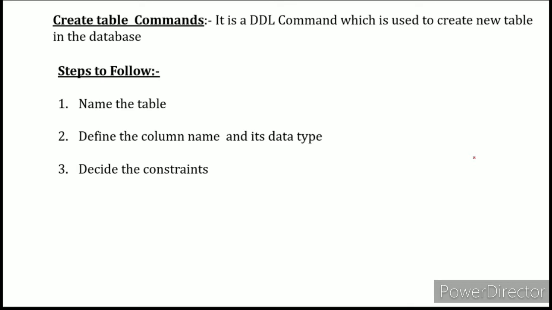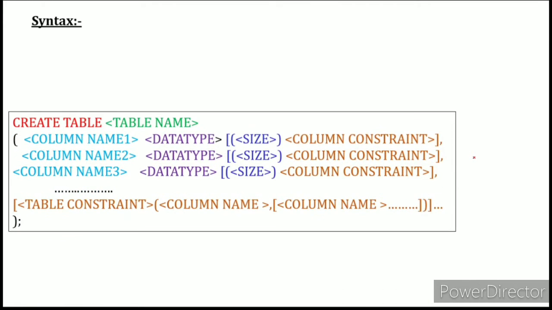Now let's move on to the syntax of the create table command. First of all, use the create table keyword. After that, the name of the table, then open parenthesis, name of the column, its data type, its size and the column constraint that is implemented on this column.